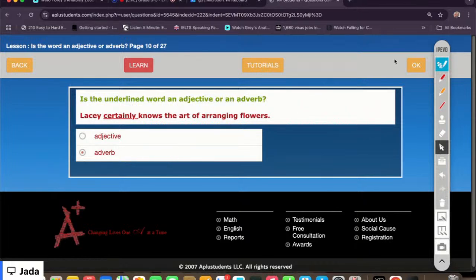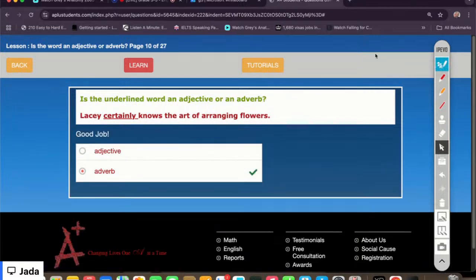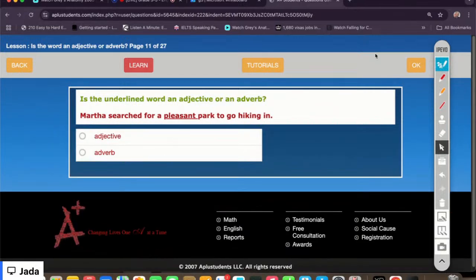So we have adverb. All right, that's it for our lesson on adjectives and adverbs. Can you tell me if you have any questions?